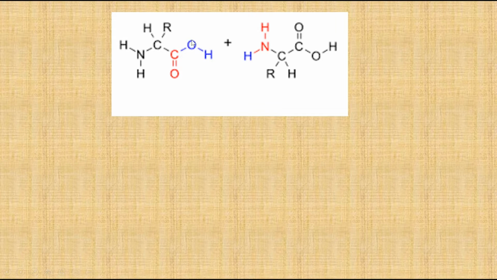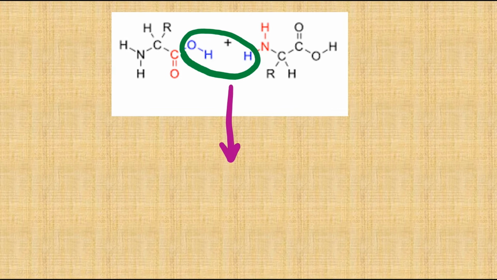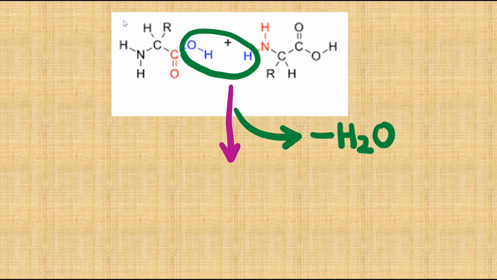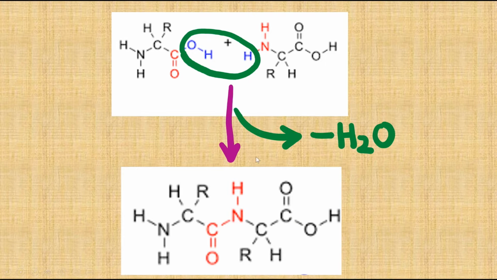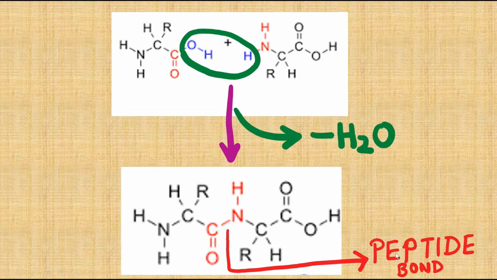You can see the blue letters, these form the water. If we remove the water from these two amino acids, then we can see that the carbon of one amino acid and the nitrogen of the second amino acid can join together, just like in this diagram. And this carbon-nitrogen bond, we call it a peptide bond.